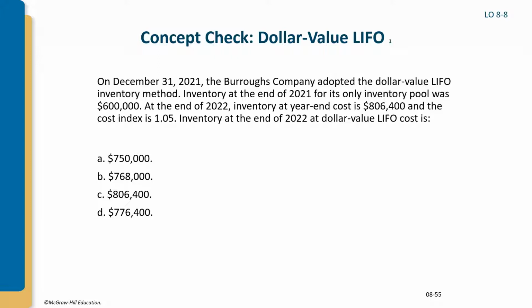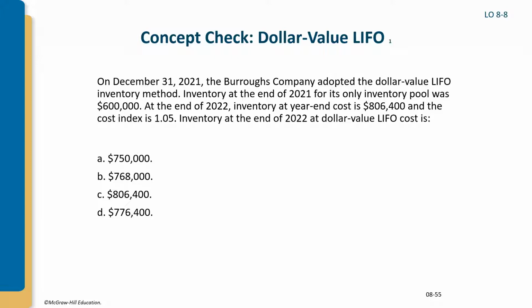So if you bought that inventory at the beginning of the year, it would have been $768,000. Okay? So the first $600,000 of that is valued at 100% cost. The next $168,000 is valued at 1.05.